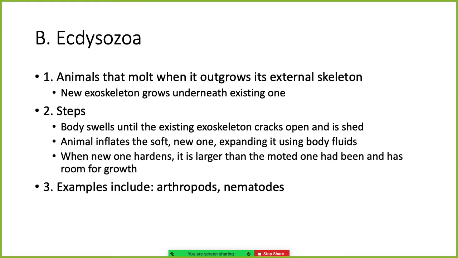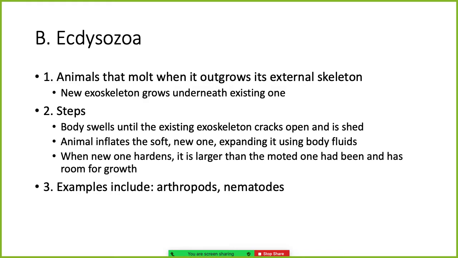It's not easy for insects to do because when they do this, they're vulnerable, they're in a weakened state, so a lot of times they try to hide and then shed their exoskeleton so they're not easily preyed upon by predators.